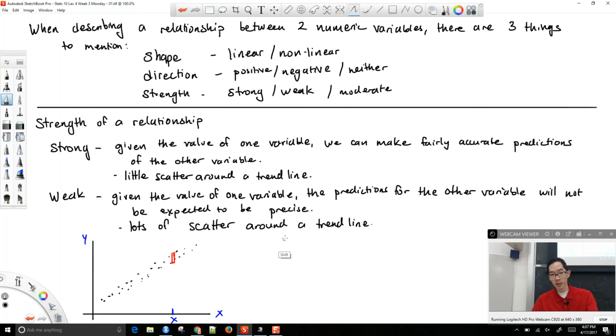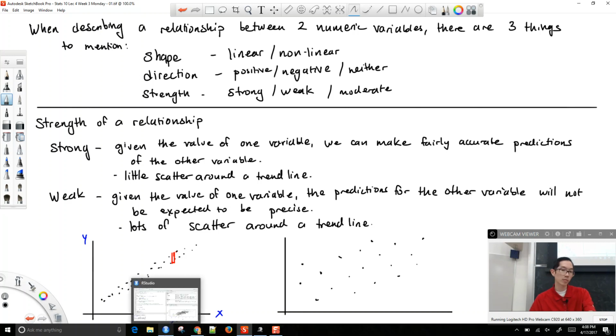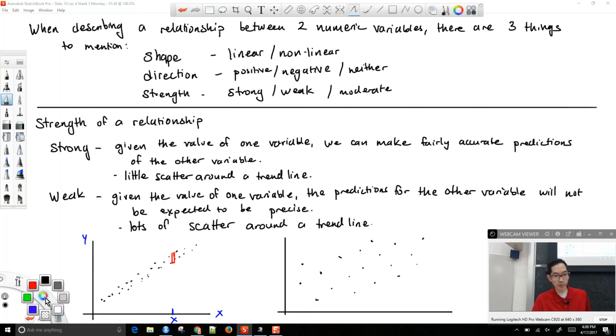On the other hand, if we have more scatter, there's still an overall general positive trend here.